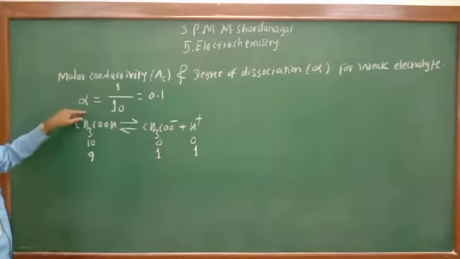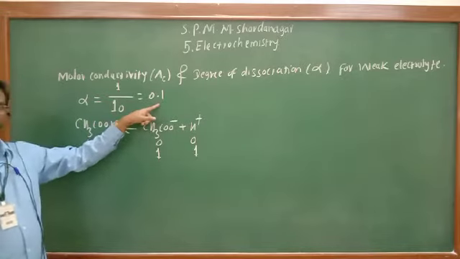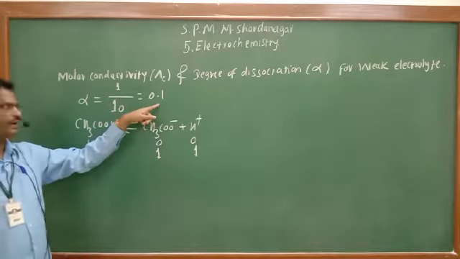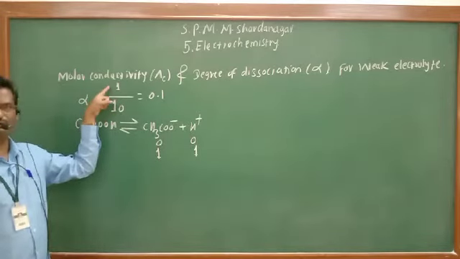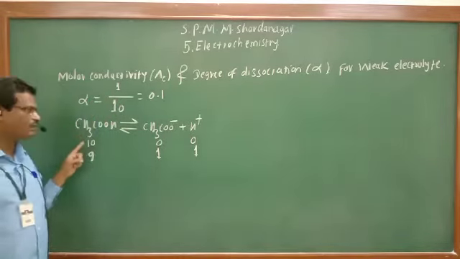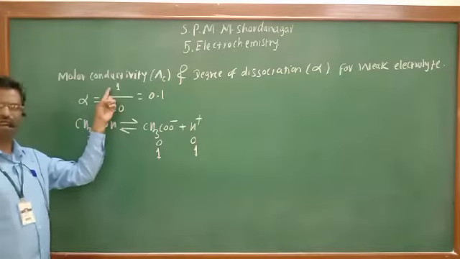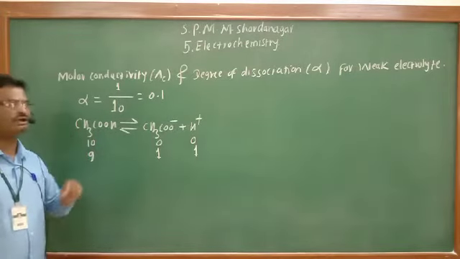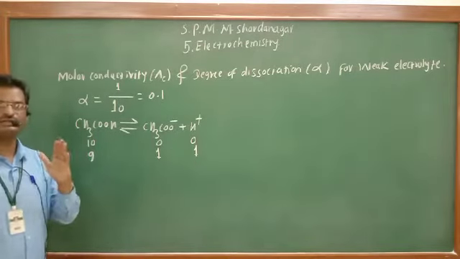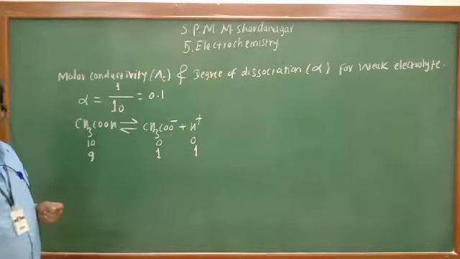So always alpha is a fraction, degree of dissociation is a fraction less than 1. Less than 1 means it is a fraction of total moles which have undergone dissociation. What are the total moles taken? 10, and the moles dissociated, let it be 1. So the fraction of total moles which have undergone dissociation is known as degree of dissociation.